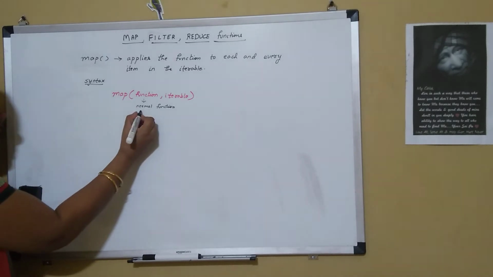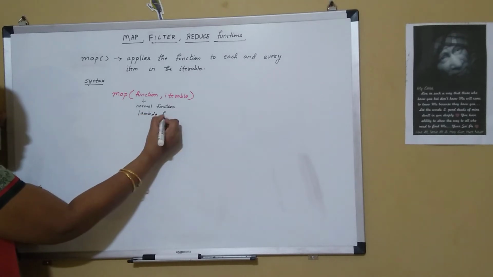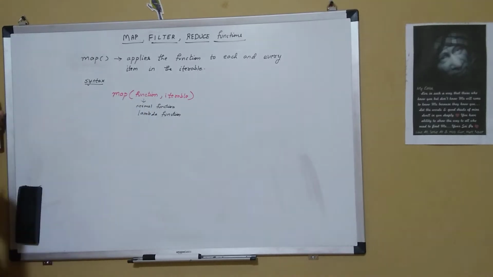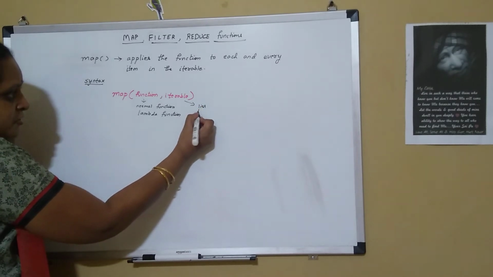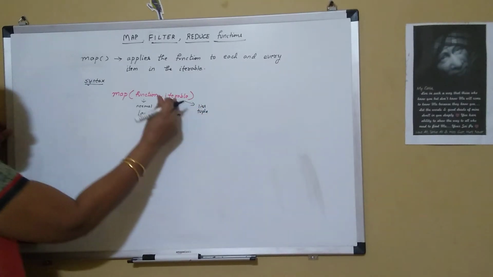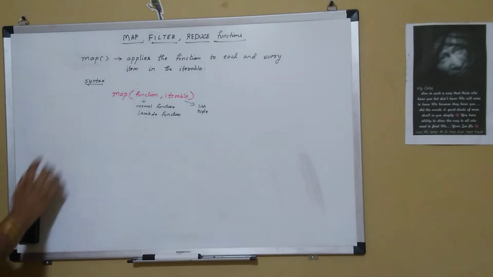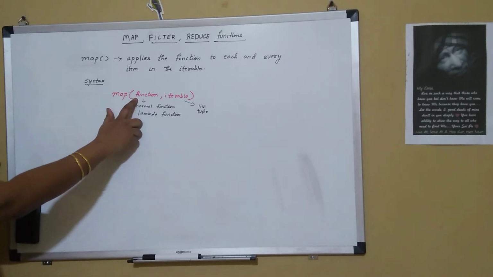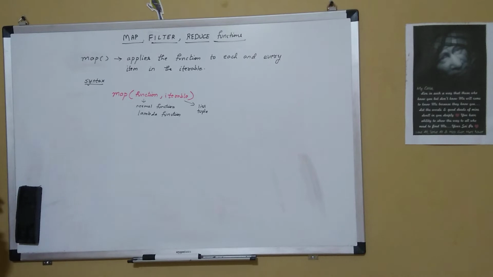If it is a one-liner, then we can use a lambda function. We can use any type of function in this map function. An iterable can be a list or a tuple or any other iterable item. So now this is the syntax map. We have to pass two arguments. One is the function object and one is the iterable, a list of items.